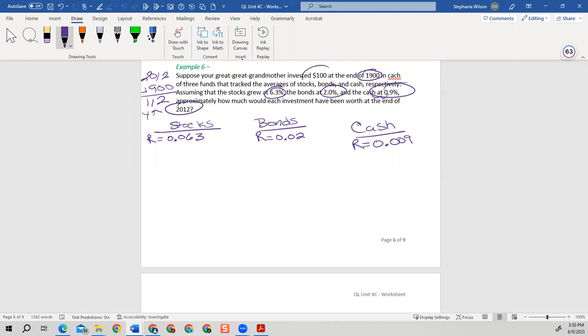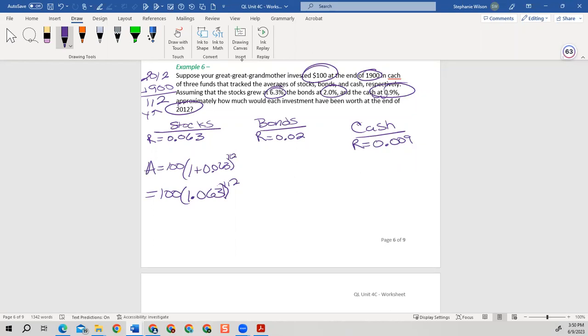When we started out, she started out with $100. So we have A is equal to 100 times 1 plus my interest raised to 112 years. Okay. I'm doing it in steps just in case.